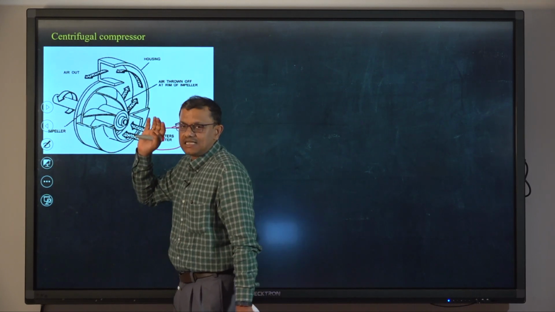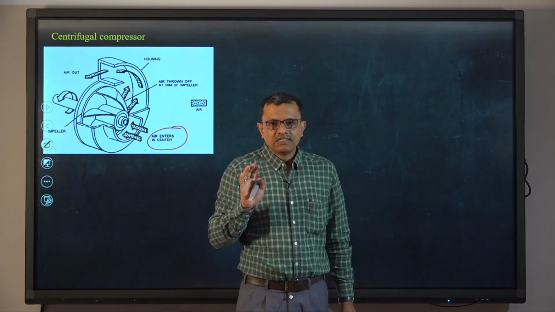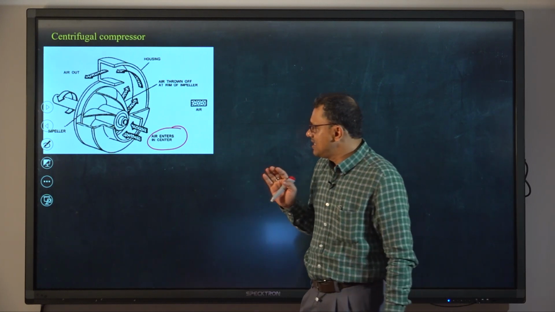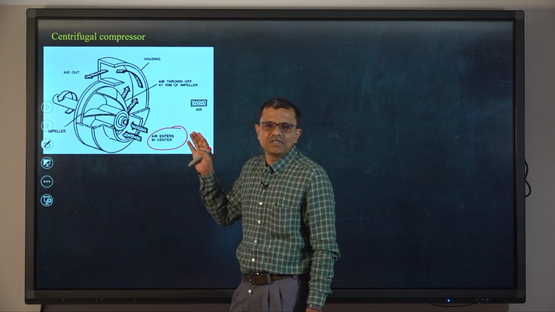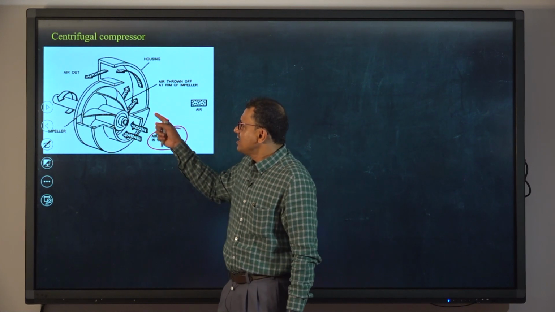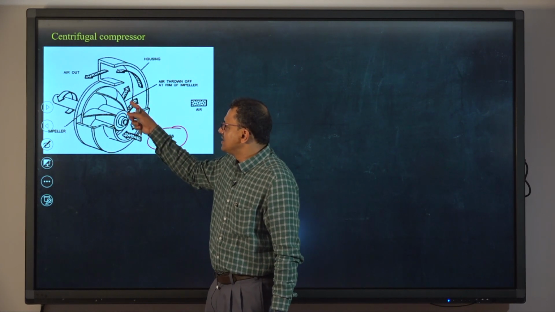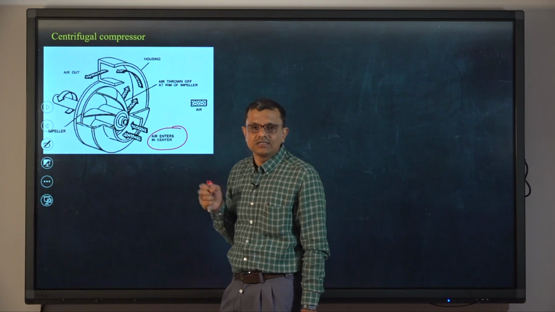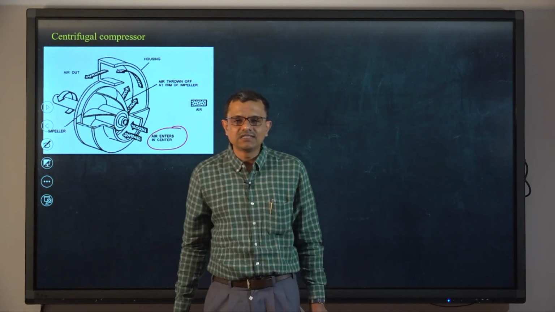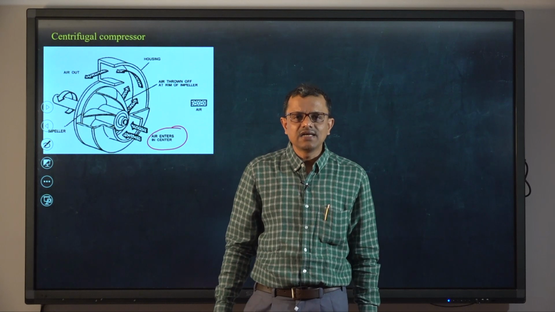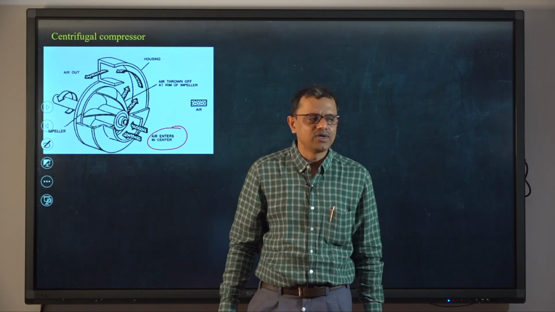You can see this is the radial direction. So, there is a change in direction of the fluid stream, and the device is using centrifugal action to increase the pressure, which in turn will increase the density of the intake air, and hence this is known as centrifugal compression.